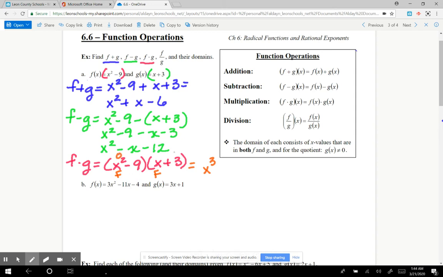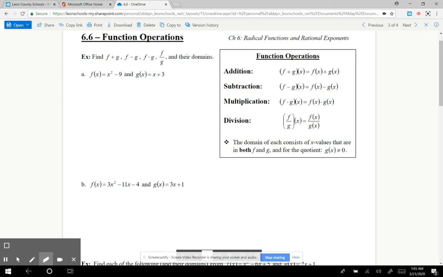The outer one times the outer one is 3x squared. The inner one times the inner one is negative 9x. And the last one times the last one is negative 27. Now it just so happens they are in descending order, and I don't have to combine any like terms.